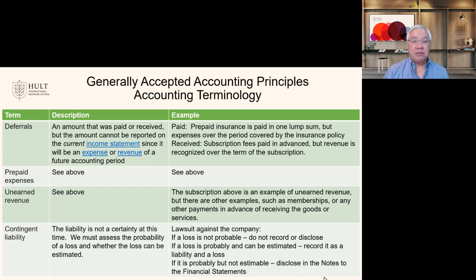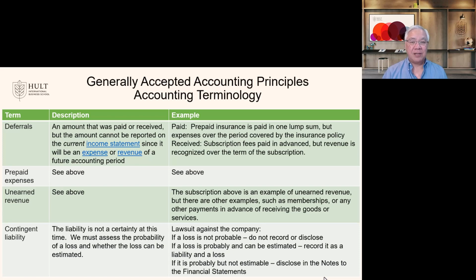And if those two conditions are existing, then we will record it on the income statement and balance sheet. If there is one of the conditions, for example, if it's not probable, then we don't record it at all. Or if it's probable but cannot be estimated, then we will disclose it in the notes to the financial statement, but not as an entry yet in the financial statements themselves, right?